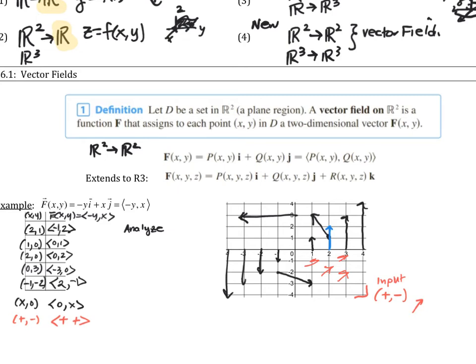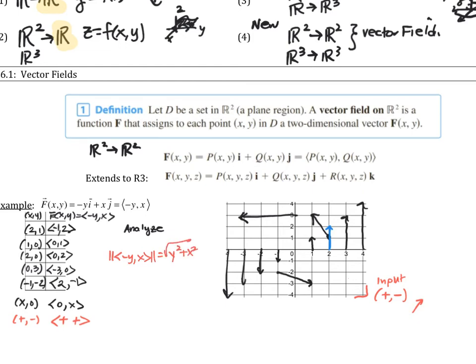So the point being, if you want to make a vector field, sometimes you'll just plot some points like this, but sometimes you'll try to analyze and do something a little more general. One other thing that you might do here is notice that the magnitude of my vector output equals the square root of y squared plus x squared.